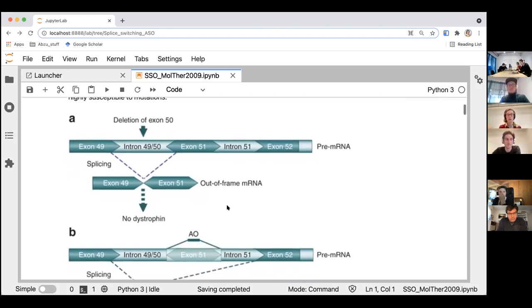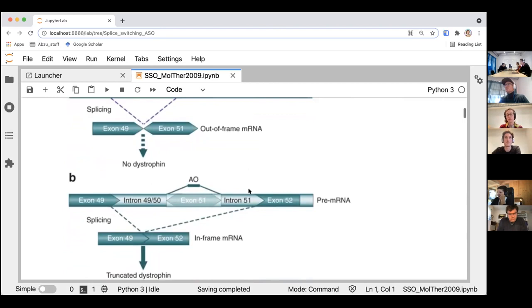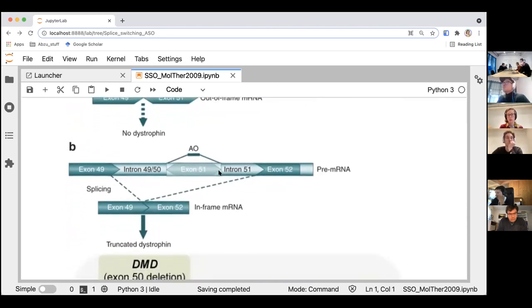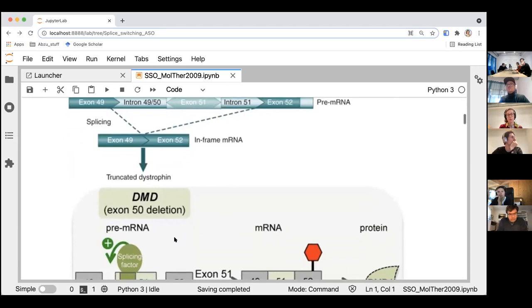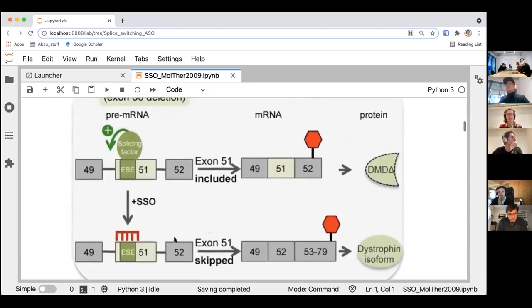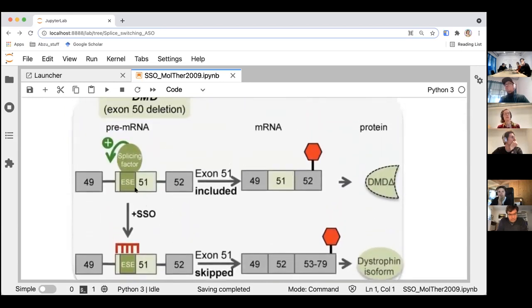But if you could skip exon 51, you would have an in-frame mRNA and a functional dystrophin protein, a shorter one. That's what is depicted down here. So if you could skip it, you will have an in-frame mRNA and a truncated form of the dystrophin protein.